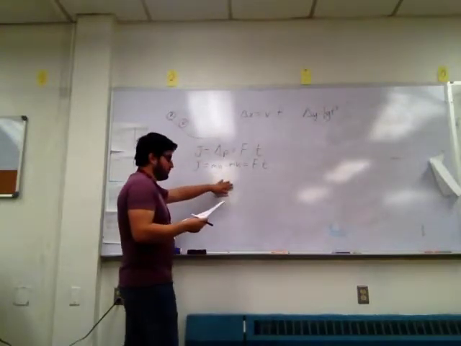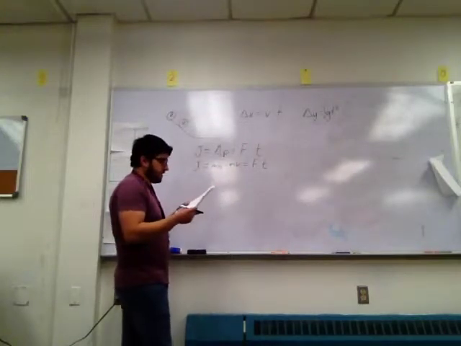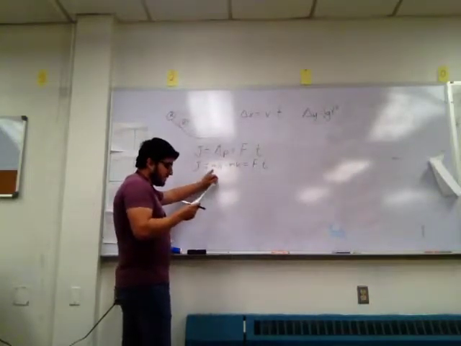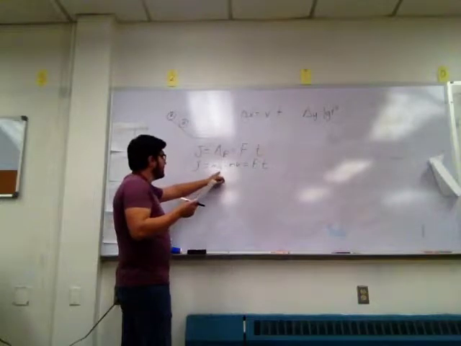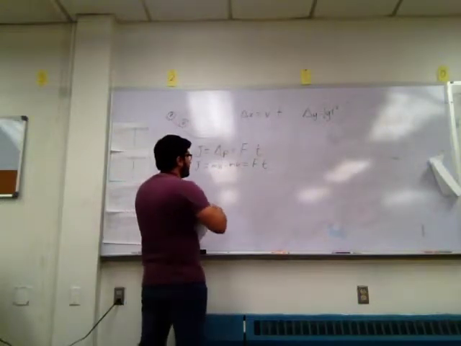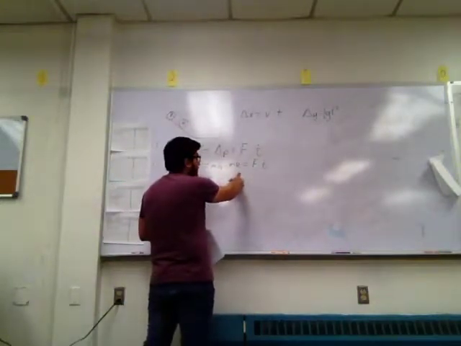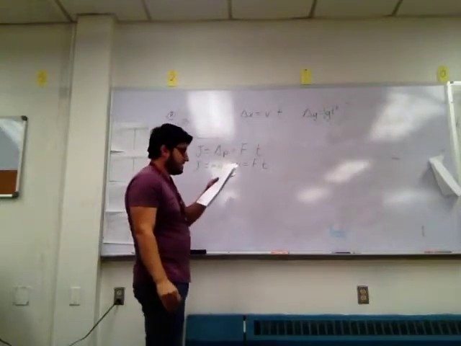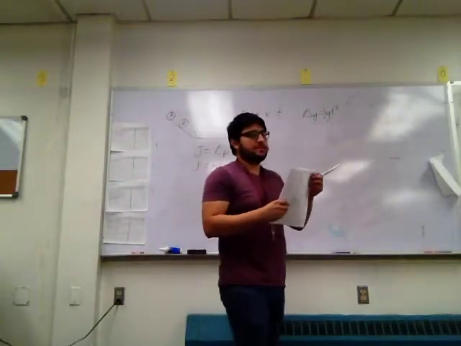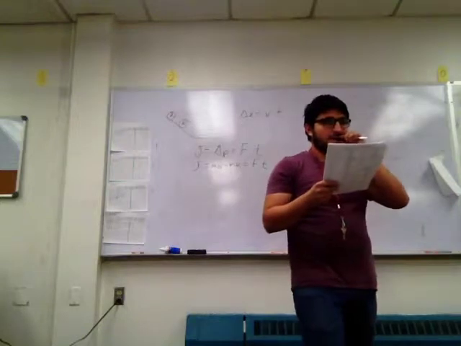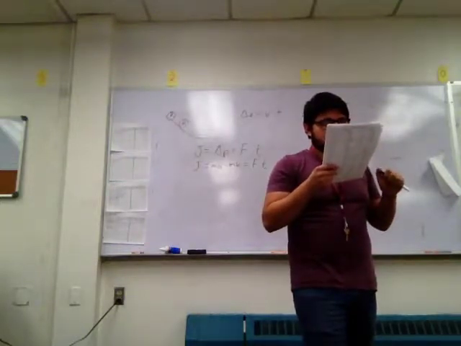So we have this right now. We know the mass, right? We know the initial velocity. Do we know the final velocity? Zero? Oh, wait, no. They don't really tell us, right?